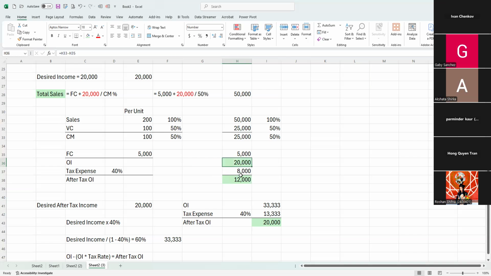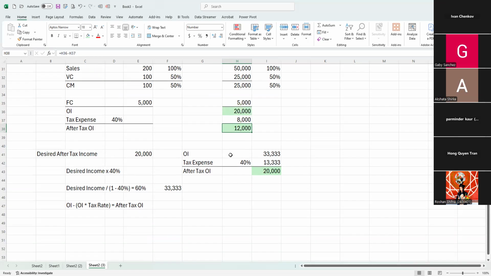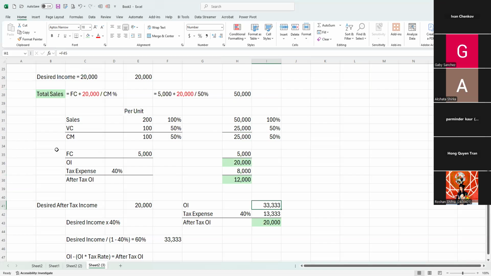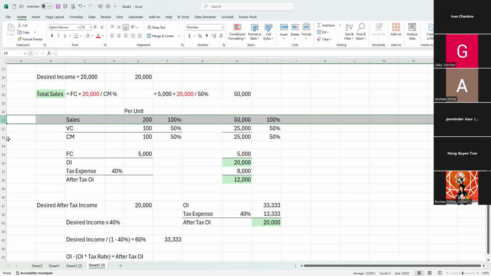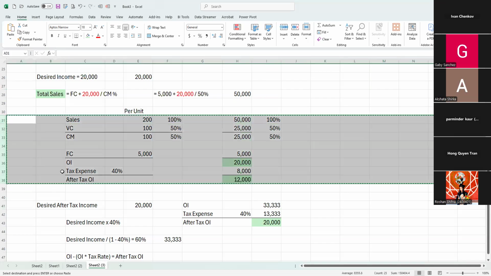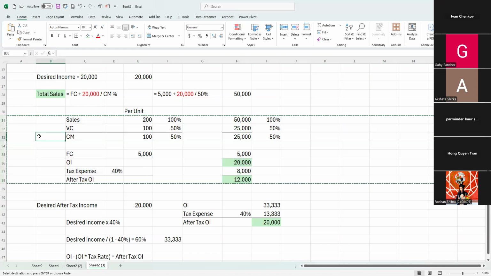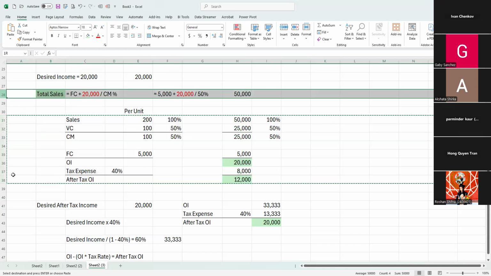But that $20,000 doesn't transfer to the 20. So now if you want this number to be 20, then you have to play with this calculation, see how much operating income you need to achieve, and apply it to the formula. So let's apply it to our formula and see how that's going to work.